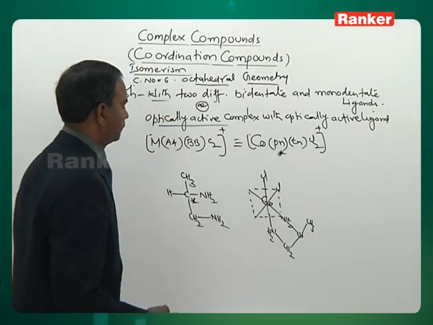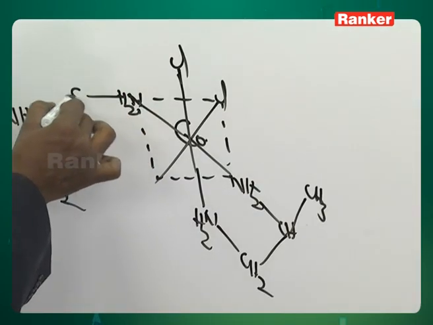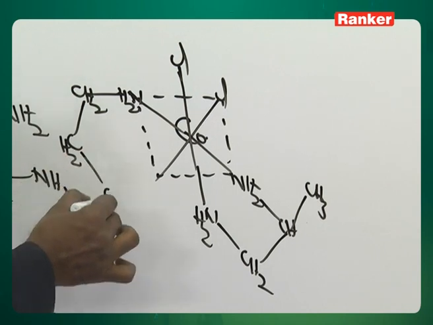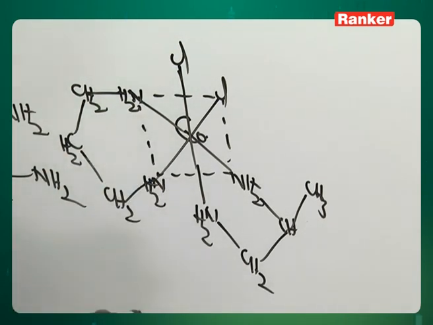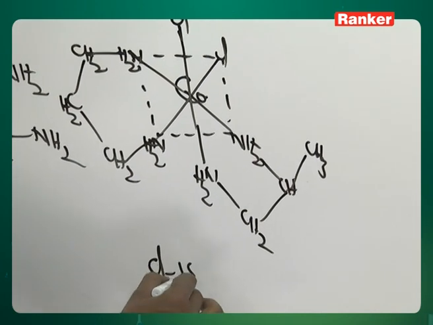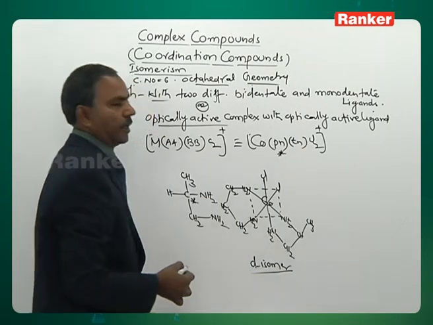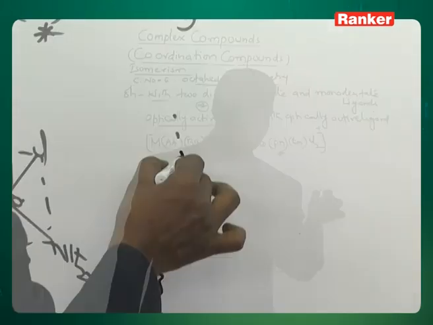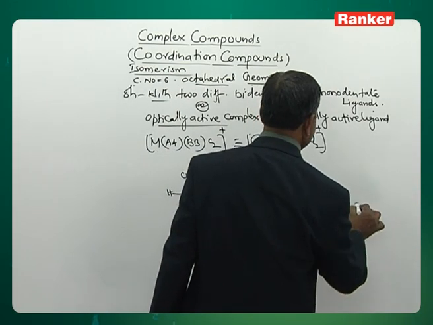This is pn. One is tn. Take this as D isomer. Right, next, the mirror image of this is L isomer, same complex.